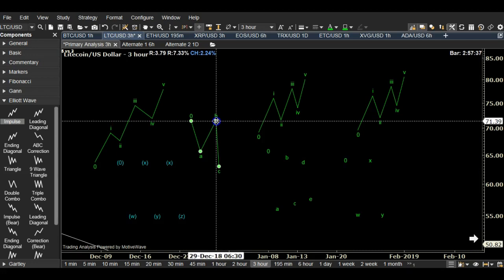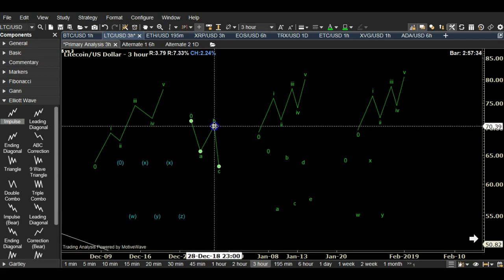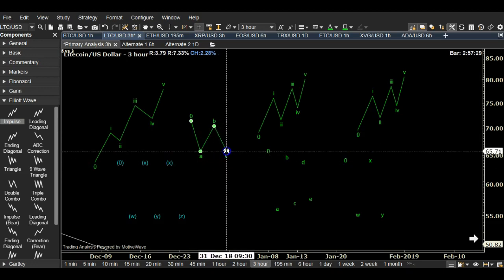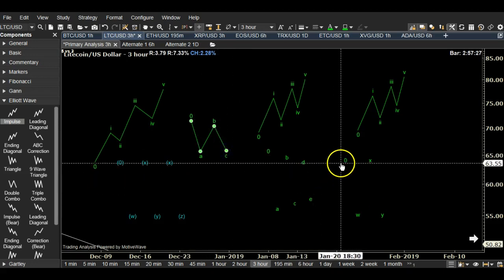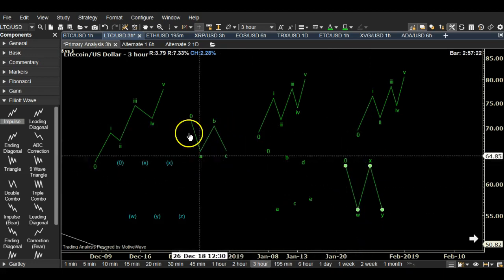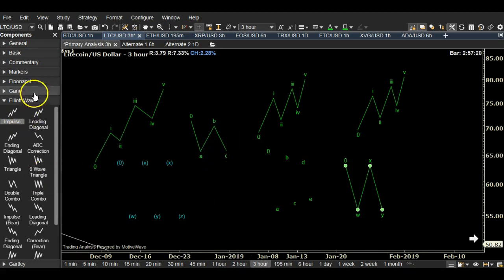So wave B retraces between 80 and 90% of wave A, and then wave C comes down here. It's kind of similar to this, but this is a WXY, this is an ABC. This is called a flat correction. And then what happens is you start moving higher from there, and you kind of go up like that. So that's a flat correction, and it's a regular flat.